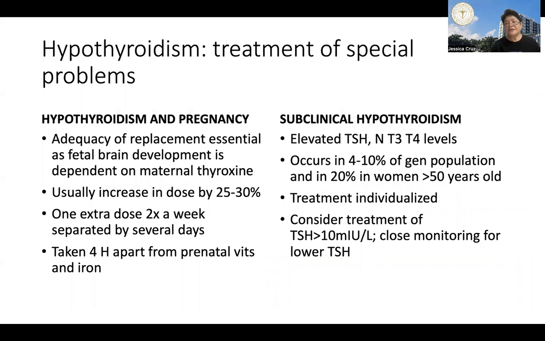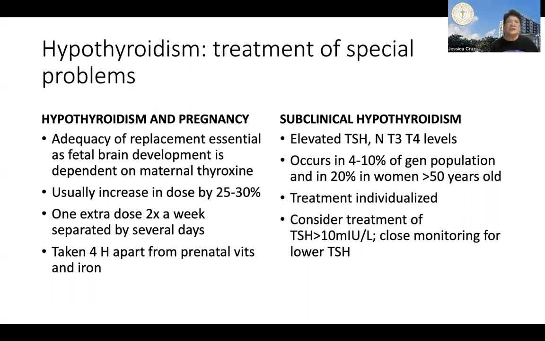in pregnancy, we need to ensure that the hypothyroid pregnant woman receives adequate hormonal replacement, because this is also very important for the development of the child, especially of the brain. So usually the requirements are increased by as much as 30%.